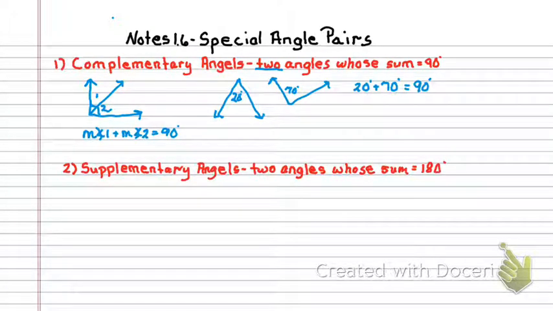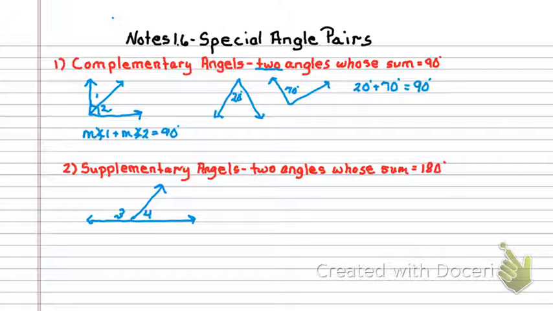Our next pair of angles, based on the sum of their measures, are called supplementary angles. Supplementary angles are a pair of angles, so two angles, whose sum of their measure is 180 degrees. So let's say we have angle 3 and we have angle 4.